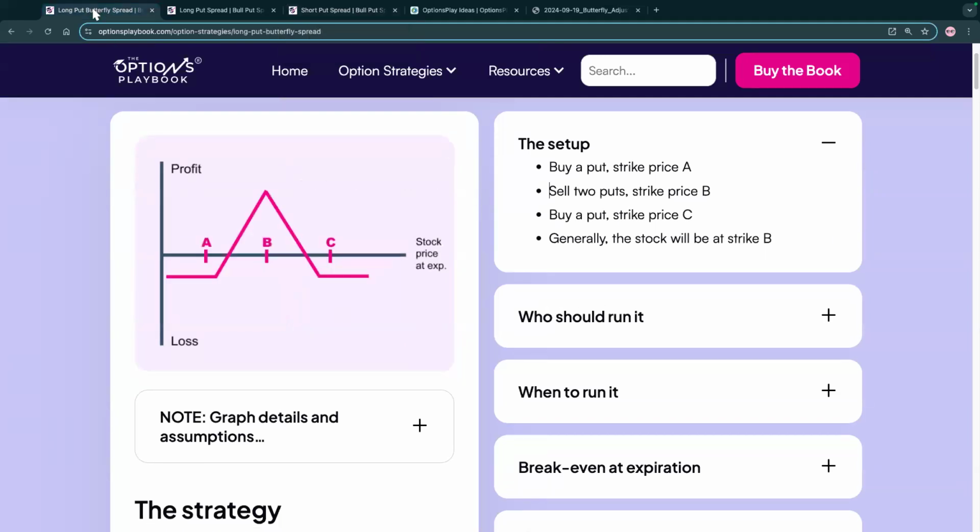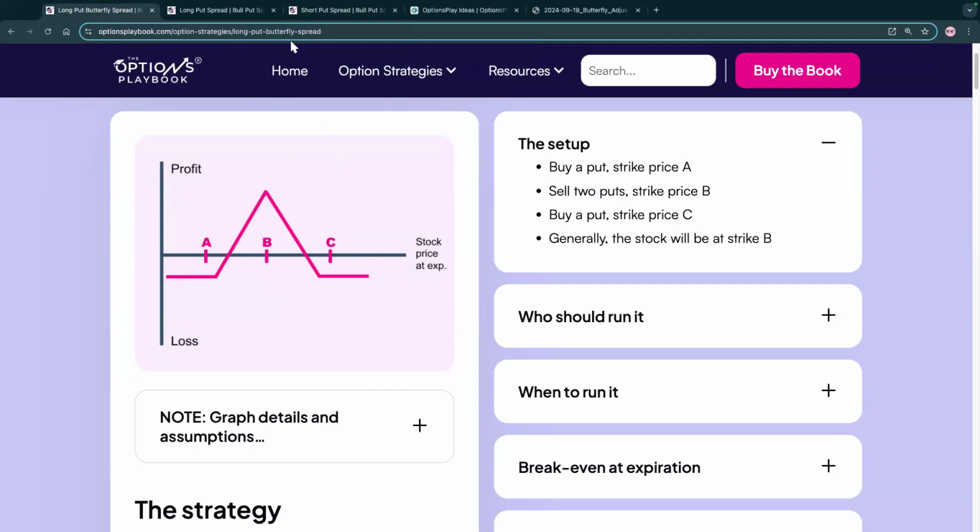So if we have a butterfly on and the market is going up, this is going to be the most expensive put, strike C, because it's closest to where the stock is at, even though it's running away from us. So let's sell that. But if we sell that, we are short 2 of strike B. So strike B is less than strike C, right? So let's buy one back.